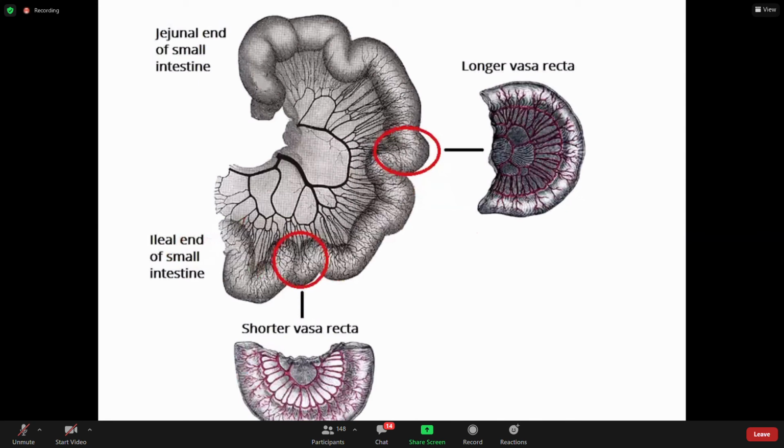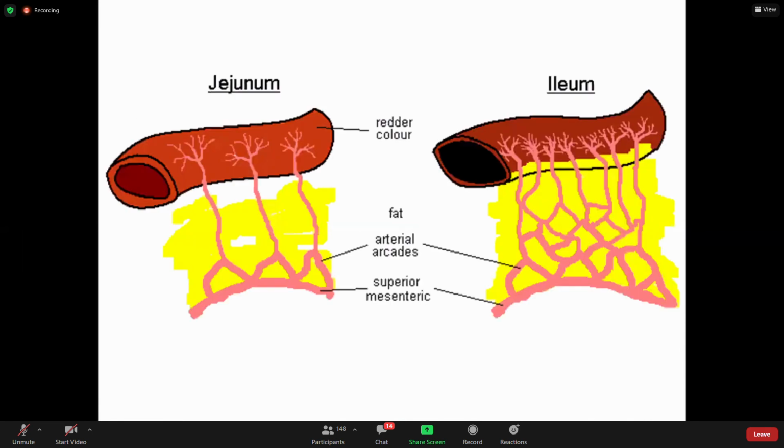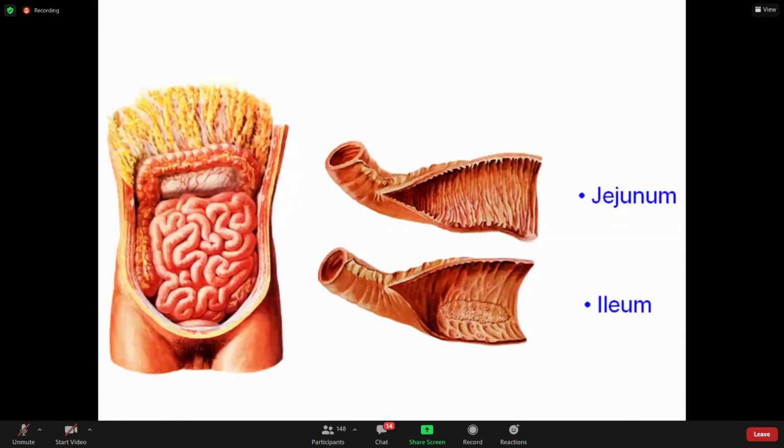So just a brief recap: when you give the difference between duodenum and ileum, you can differentiate gross differences and histological differences. The gross difference between duodenum and ileum is related to the arterial arcade, then the size of the wall, then the pattern of the plica circularis.